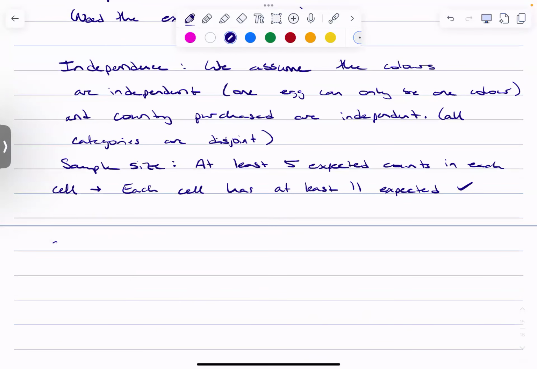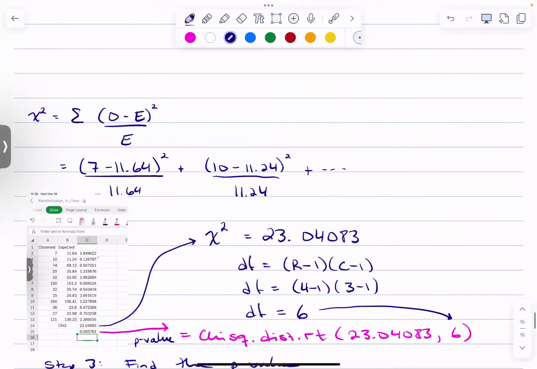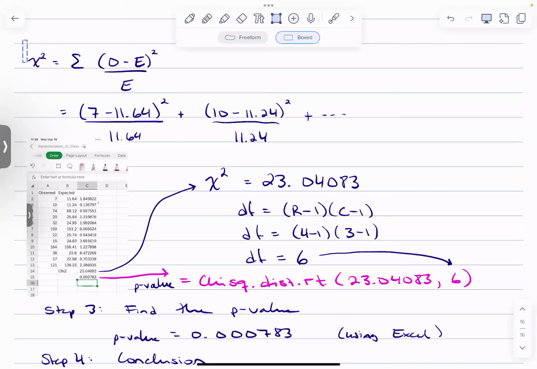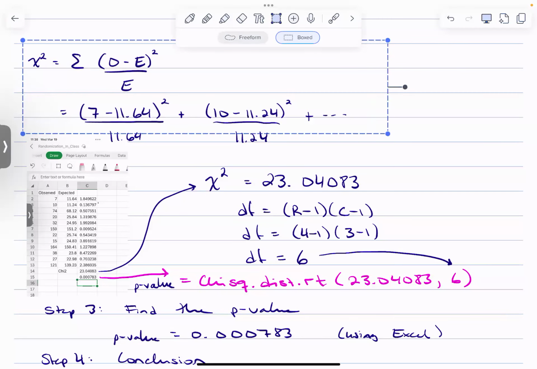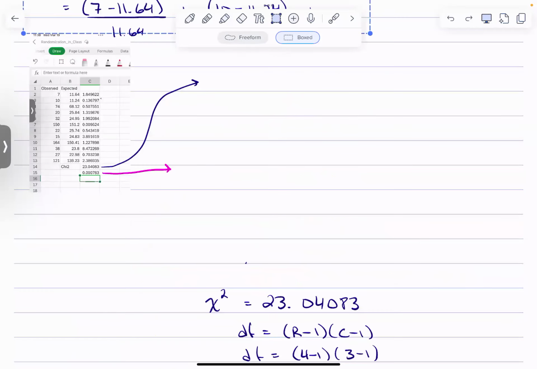Then we're ready for step 2, which we already did. Calculate the test statistic. That's what we did here. Uh-oh.